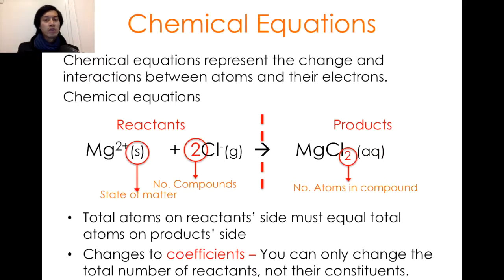If you have magnesium and chlorine in nature, you don't just get one magnesium atom reacting with one chlorine atom. You have a whole sweep of them, millions of them joining together all at once to form a certain amount of their products. So when we change this number here, we're changing the number of compounds going into the reaction, but not the number of constituents. That'll make a bit more sense when I explain it in the next slide.